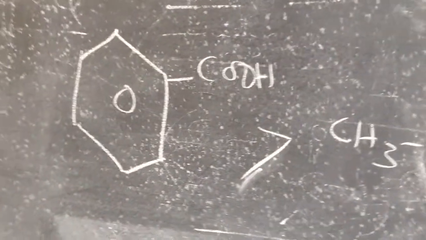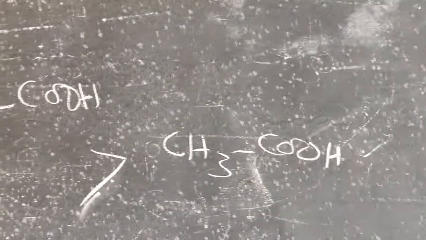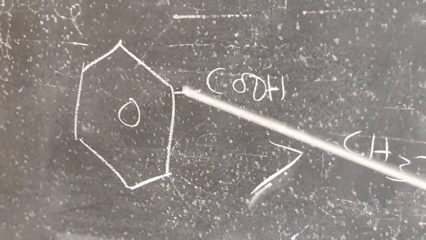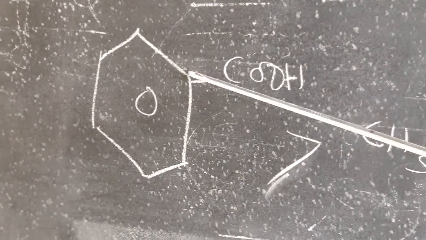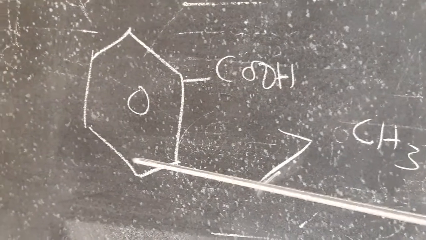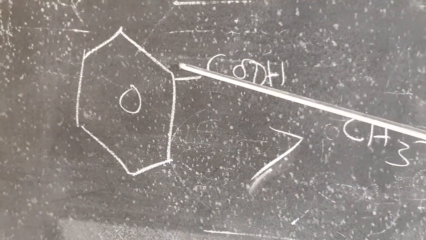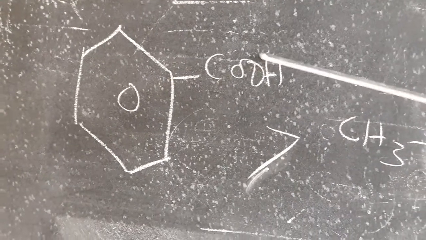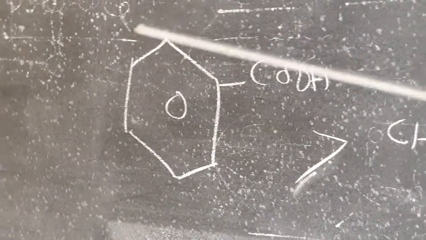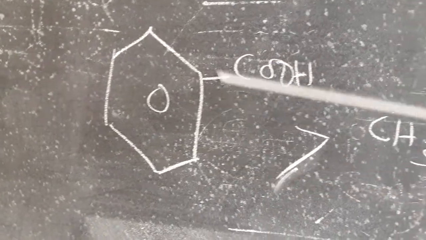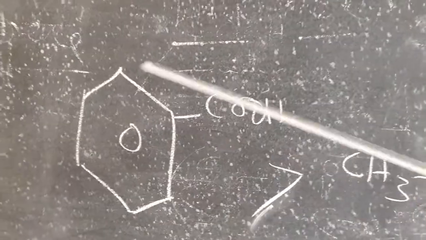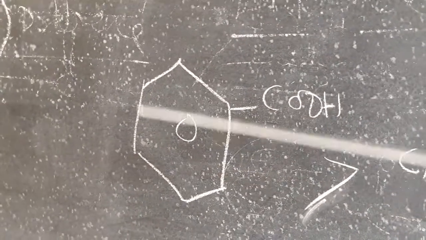Benzoic acid is a stronger acid than acetic acid. In benzoic acid, the COOH group is connected to an sp2 carbon. In benzene, all carbon atoms are sp2 hybridized. So therefore it is more electronegative. Electron pulling is here. It will be going towards the ring. This is an electron deficient aromatic ring. Electrons can be moved towards the aromatic ring.